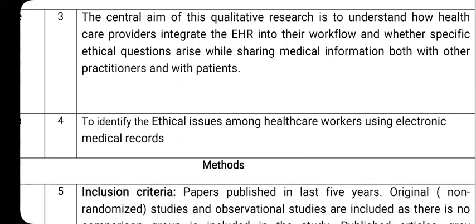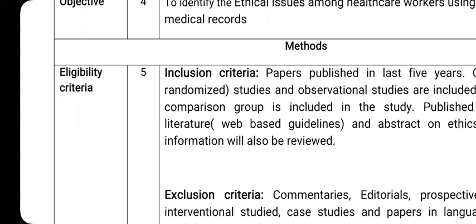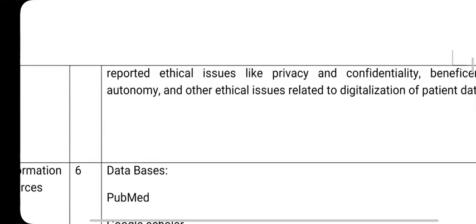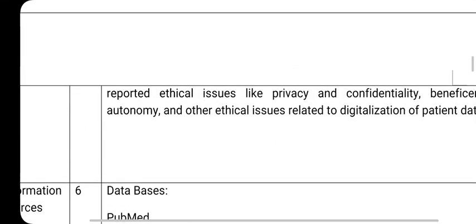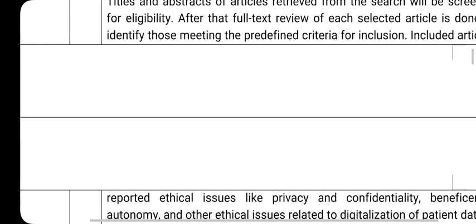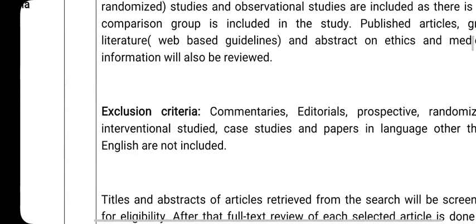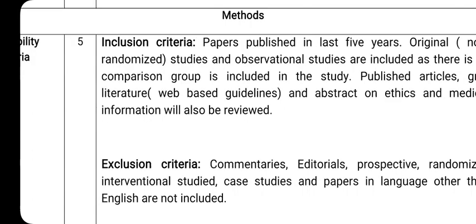In methods, eligibility criteria. Eligibility criteria includes inclusion criteria, and also the process of screening. So in inclusion criteria, the papers published in the last 5 years, this is the filter.